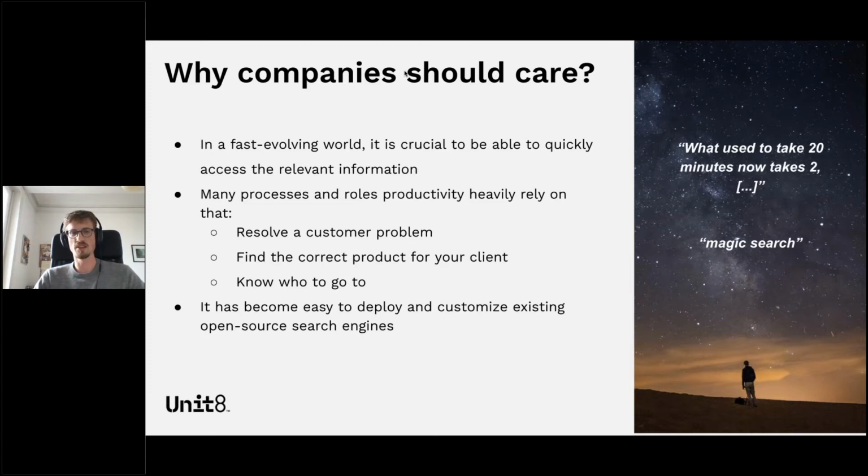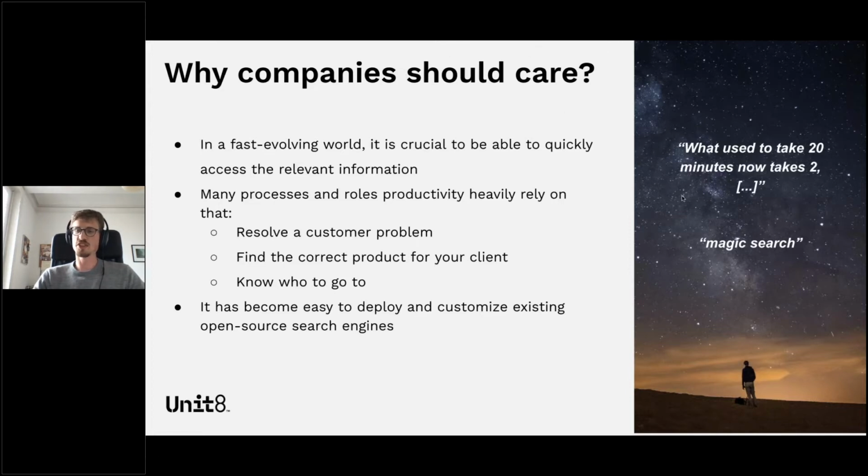So I can think about when you have to resolve a customer problem, so you want to look at the history of that specific customer, or you want to find other similar problems that were already resolved by some of your colleagues. And this is a process where having a good search engine can really benefit a lot.